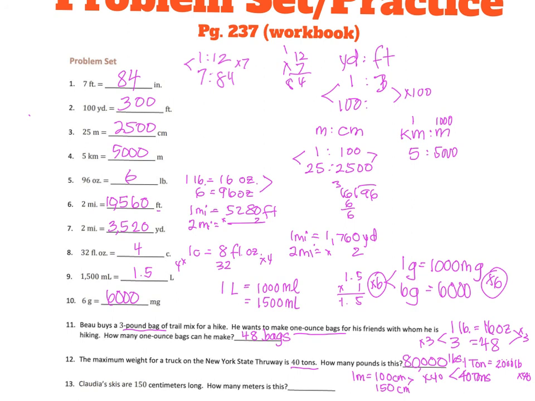So I'm thinking this is like some kind of fraction. 100 to 150. So they want to know how many meters it is. So I think I'm going to go 1.5 meters long is what I need on that one.